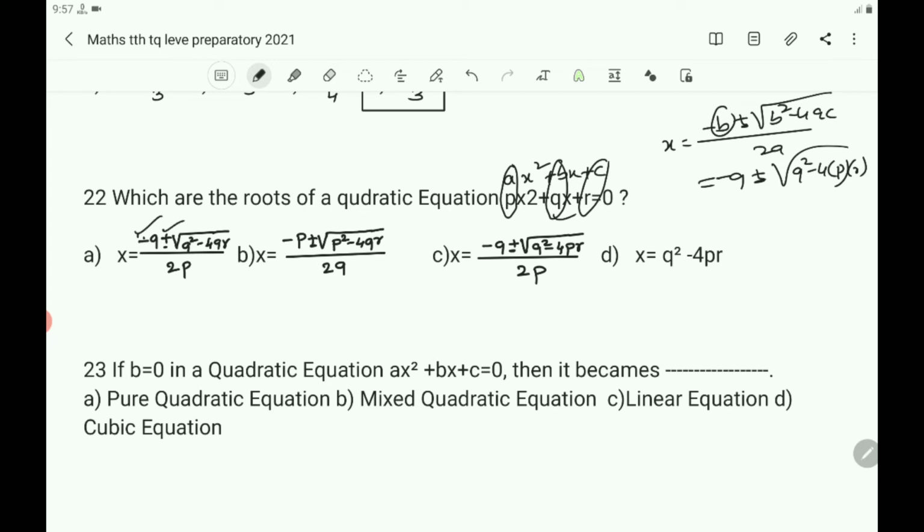Q square minus 4pr must be there, but here it is q, so don't take it. Next, this is not the answer. Minus q plus or minus root of q square minus 4pr, and you know that here 2a means 2 into p must be there. So this is the answer.